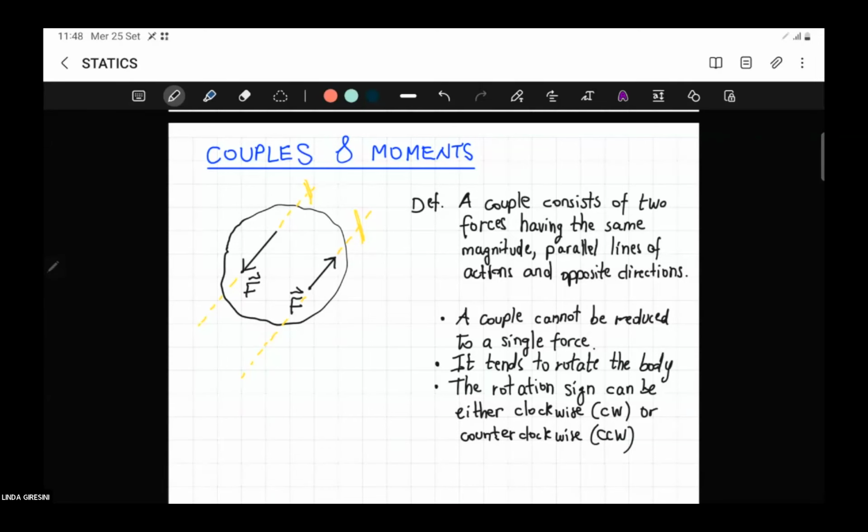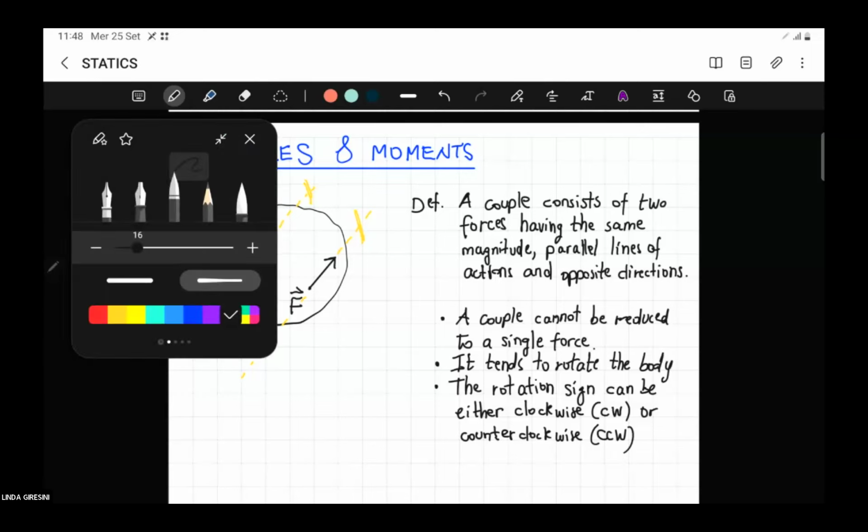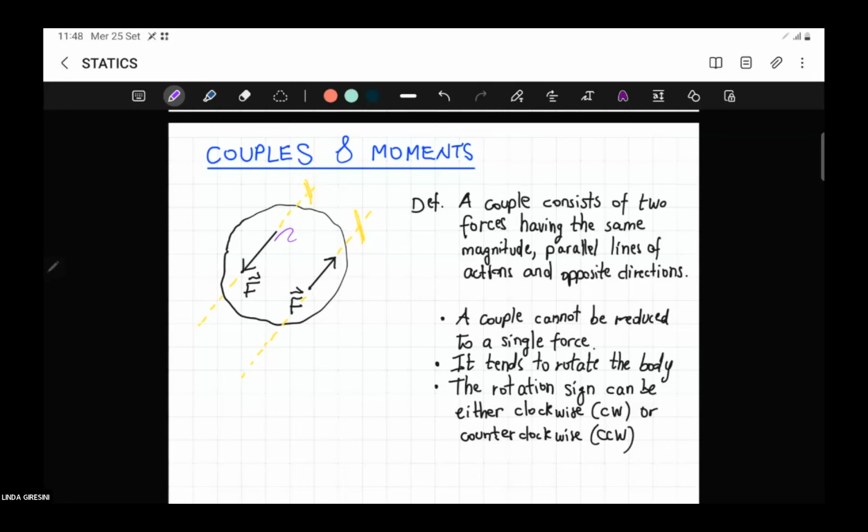Basically, for example, the couple that I included here can be written once I find the distance between the two lines of action. The distance is the minimum distance.